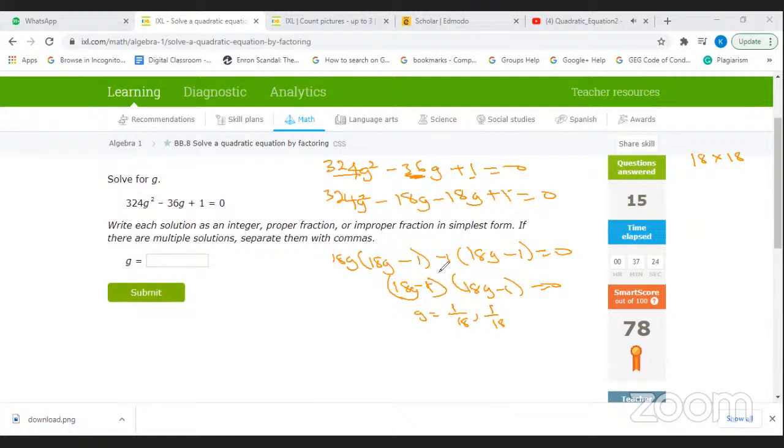So let's see, one answer suffices here, 1 over 18. I don't expect them to tell us to write that twice. So 1 over 18.